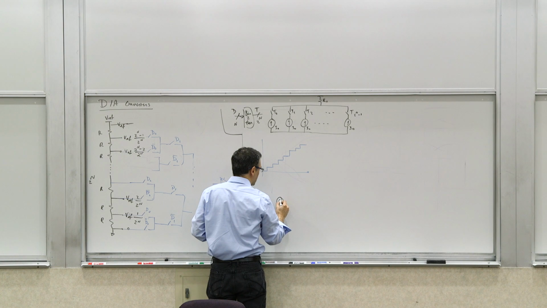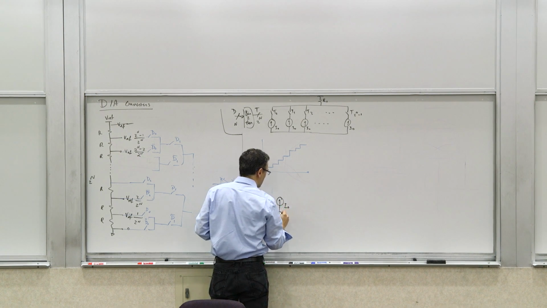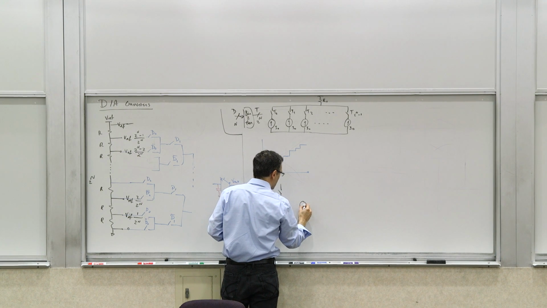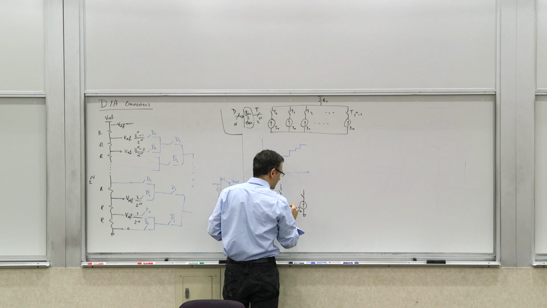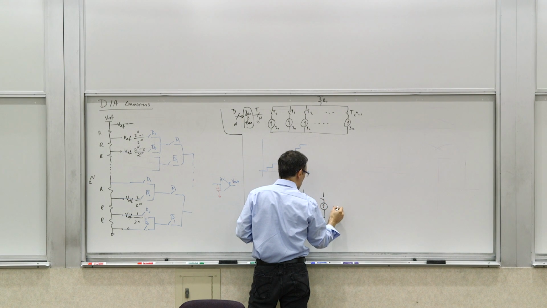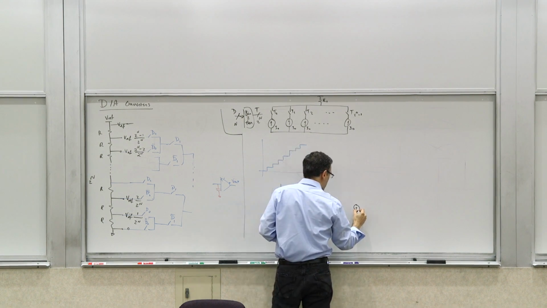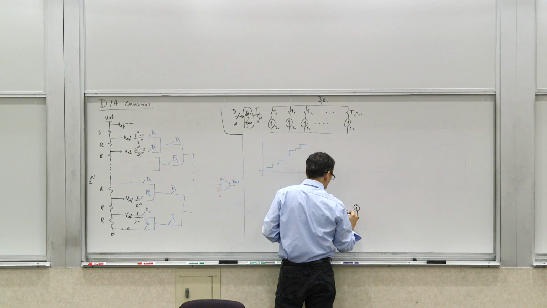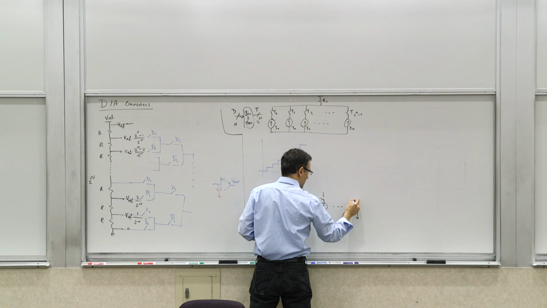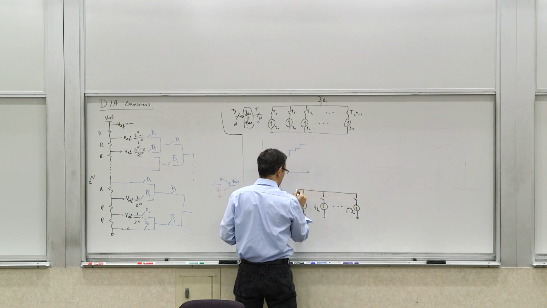For example, here you have I0 with a switch. The next current source can be 2I0 with a switch. The next one would be 4I0 with a switch, and so on and so forth. And the last one would be 2 to the n minus 1 times I0 with a switch. This is kind of conceptual still.